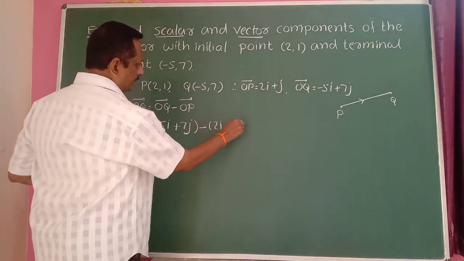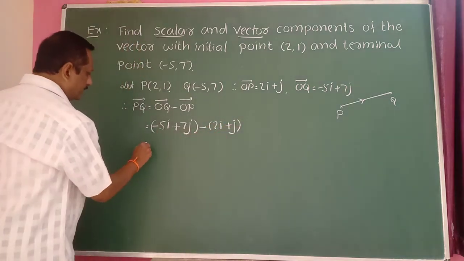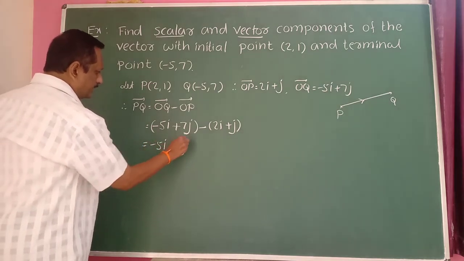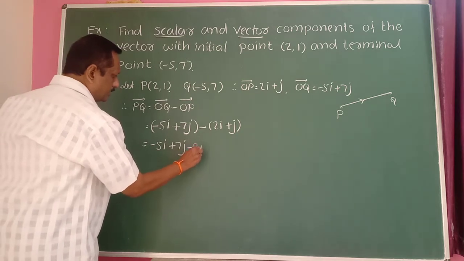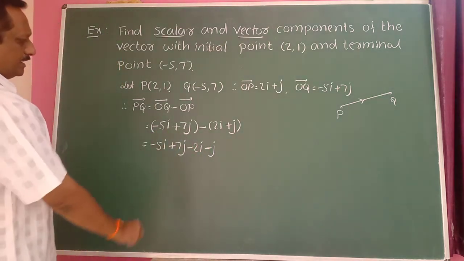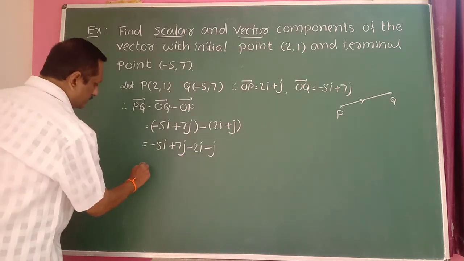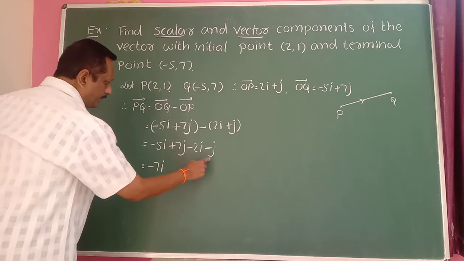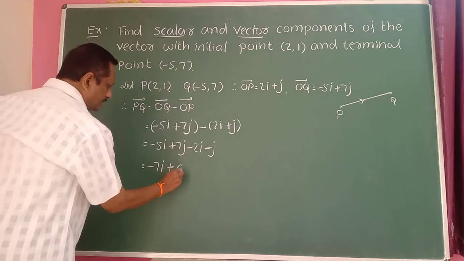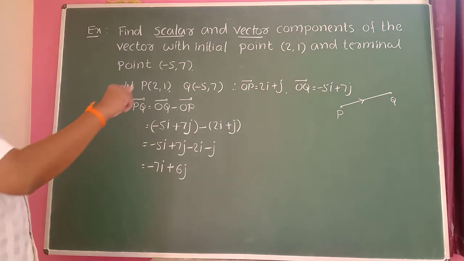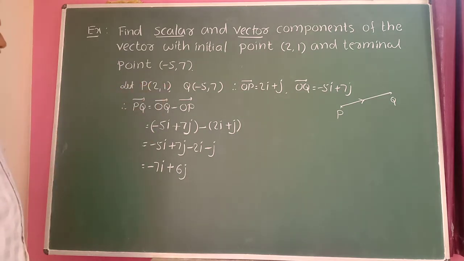Take the minus inside: -5i plus 7j minus 2i minus j. -5 minus 2 gives -7i, and 7j minus j gives plus 6j. This is the vector PQ, directed from point P to point Q.